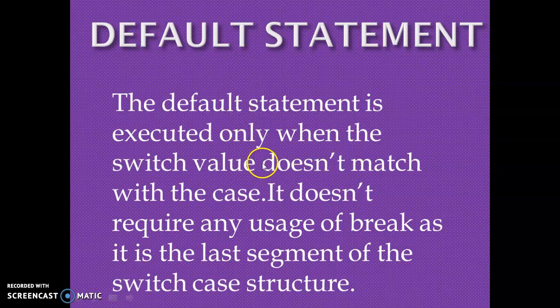If someone gives any input which is not in your cases, then you show one message. That's why it is the default case, and you just print one message like please give one correct input, or wrong input. If none of the cases match, then it goes to the default case.